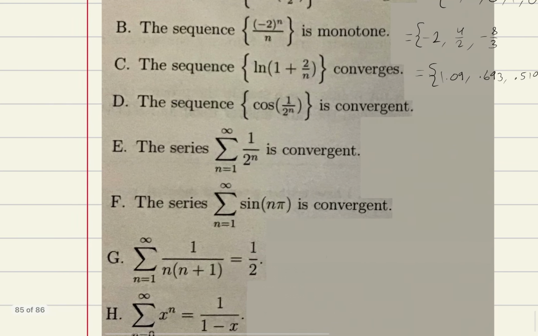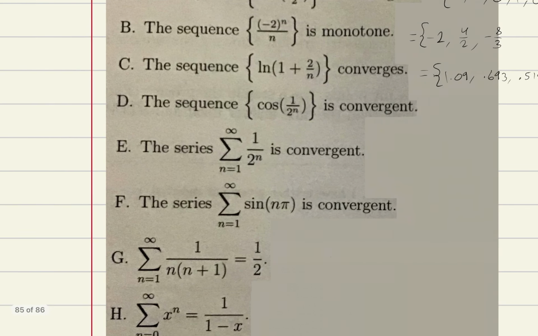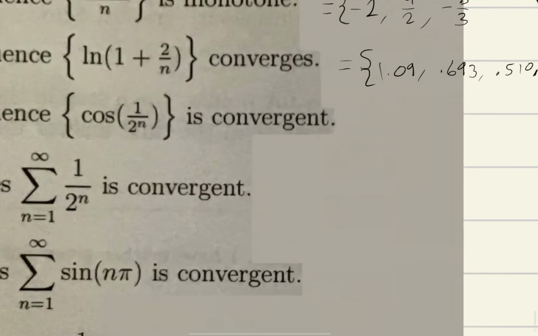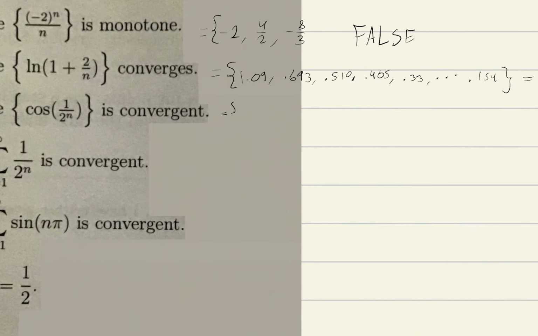Next, the sequence cosine of 1 over 2n is convergent. So let's start plugging in some values. At 1, we get 0.87. At 2, we get 0.96. At 3, we get 0.99. At 4, we get 0.99.